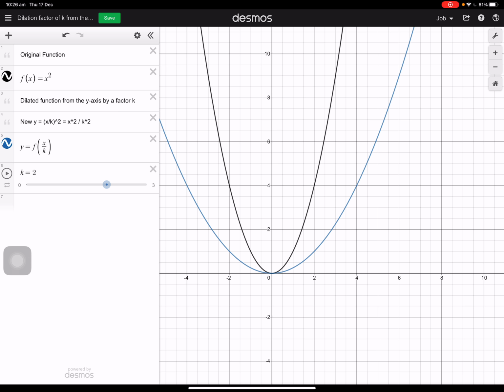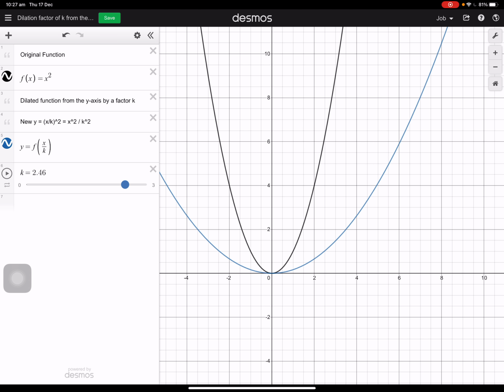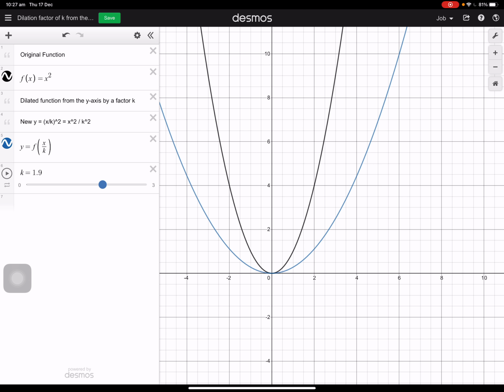This is the new function that we get when we dilate the function x squared from the y-axis by a factor of k, which is a factor of 2 in this case, right? So we can play around with this. Just to keep in mind, if k is bigger than 1, the new graph will be to the right of the original function, and it will move away.